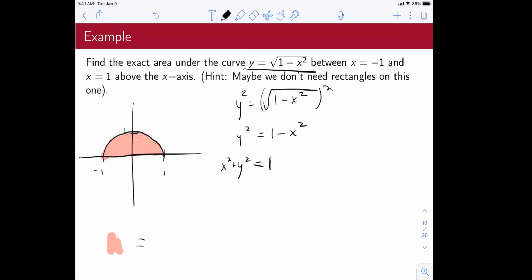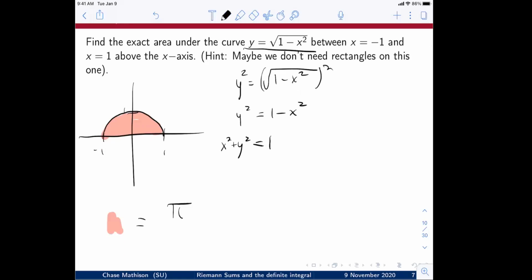It's pi r squared for the full circle, right? What is r for us? 1. So pi for the full circle, but how much of a circle do we have here? Half. So what should I do with pi? Divide it by 2. Very good.